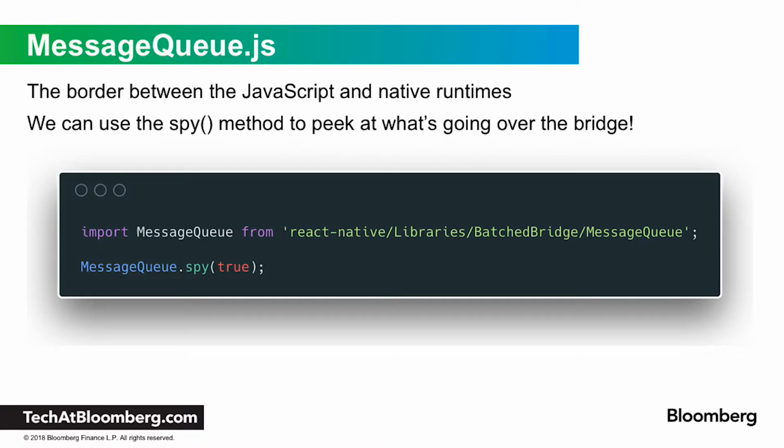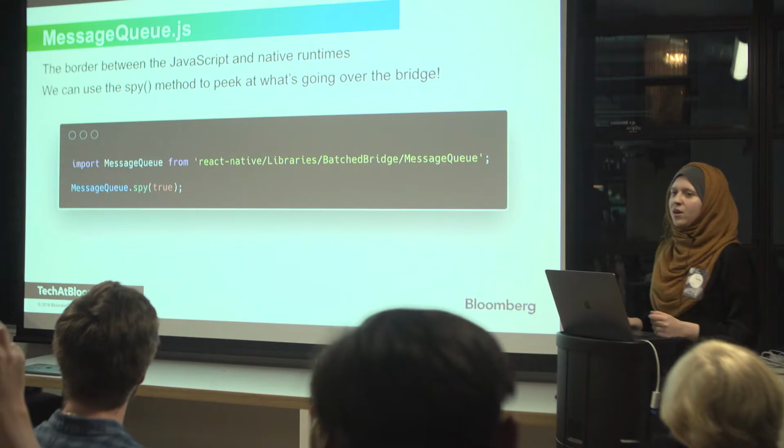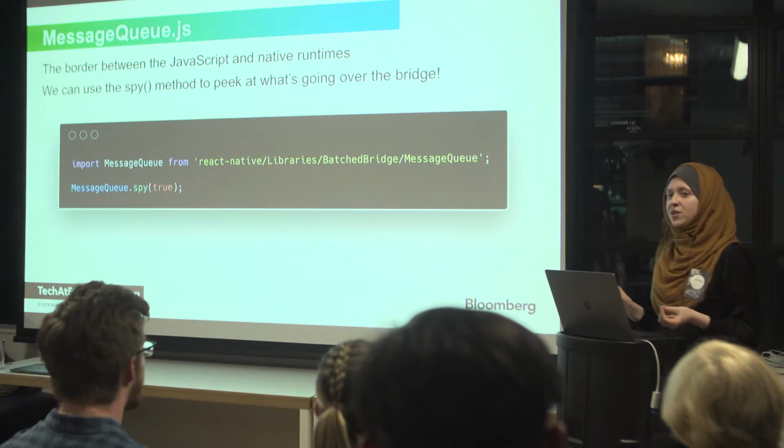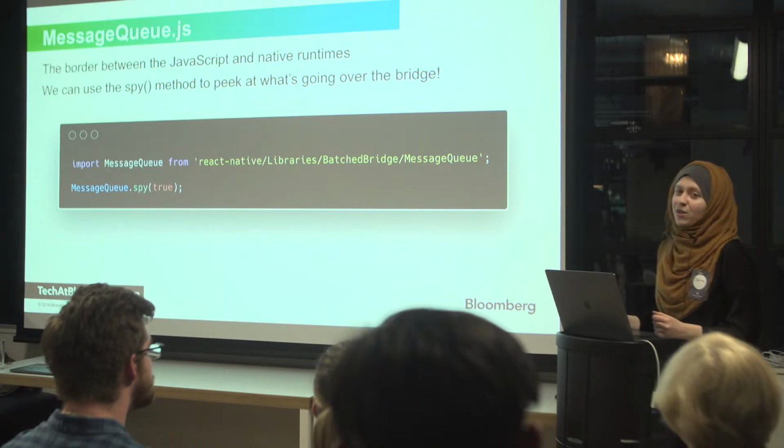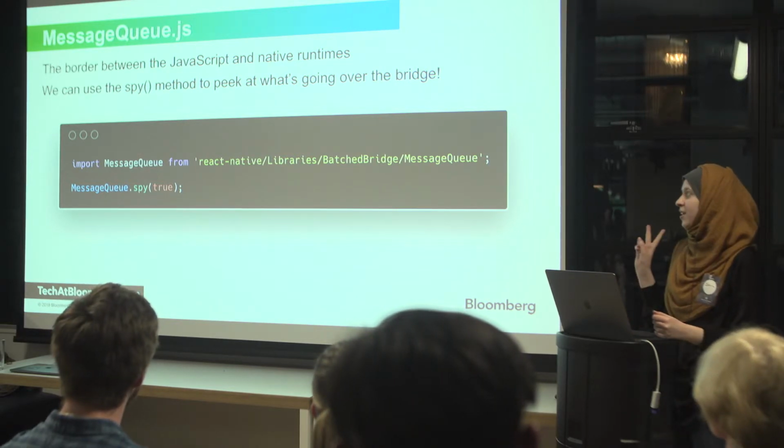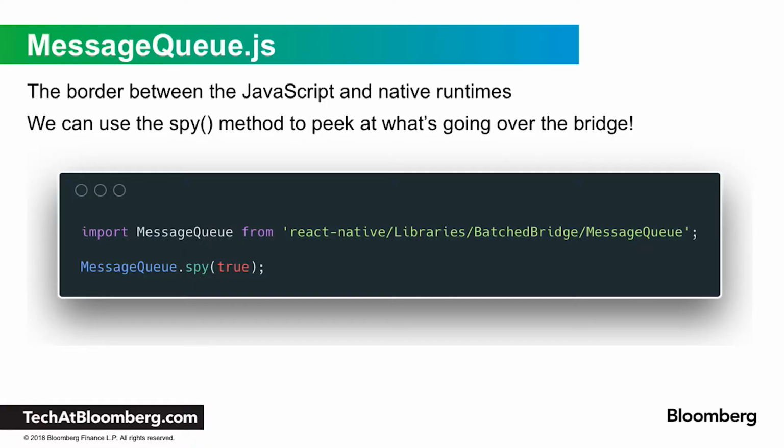And I've been talking about this sort of theoretical bridge, and it's like, yeah, but that's really deep within the React Native source code, right? I'm never going to deal with that. Well, something really easy you can do to see this in real time with your application is to drop these 2 lines of code into your application. So you just import message queue. It's already part of React Native, so no libraries or anything needed.